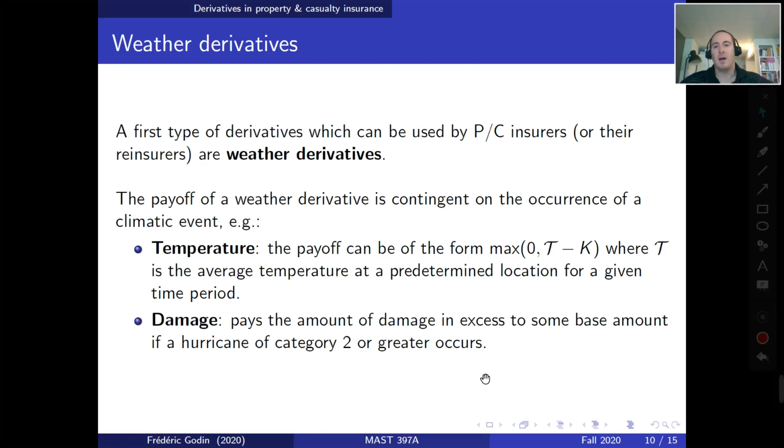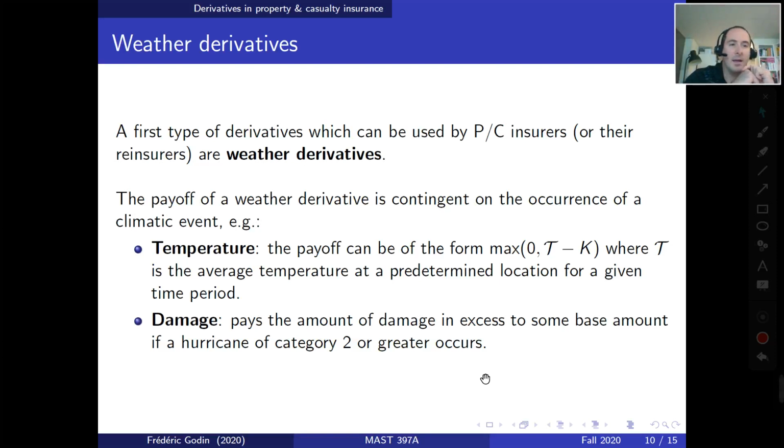We can see that this is still useful for a property and casualty insurer, because if an insurer insures people against damage from hurricanes or wind damage, for example in their home insurance, then again this damage derivative will provide a payoff whenever the insurer needs it to pay policyholders, and no payoff when the insurer doesn't need money much.